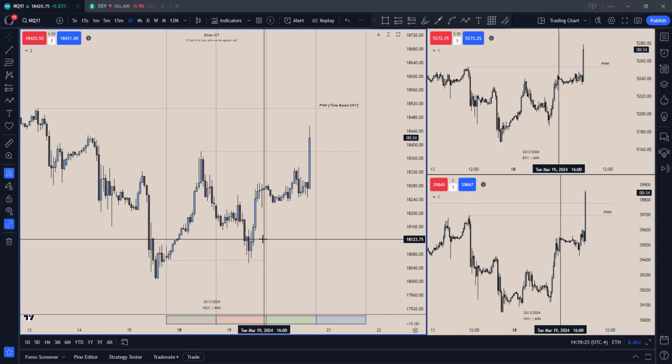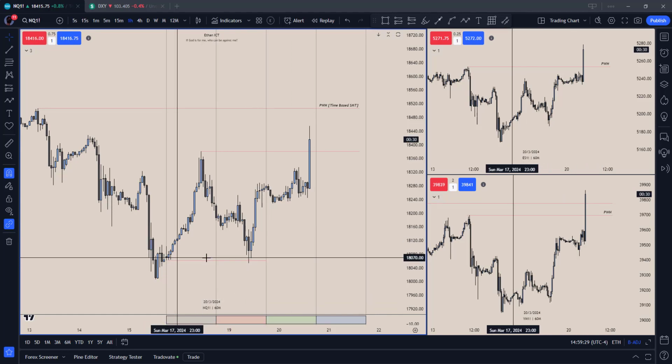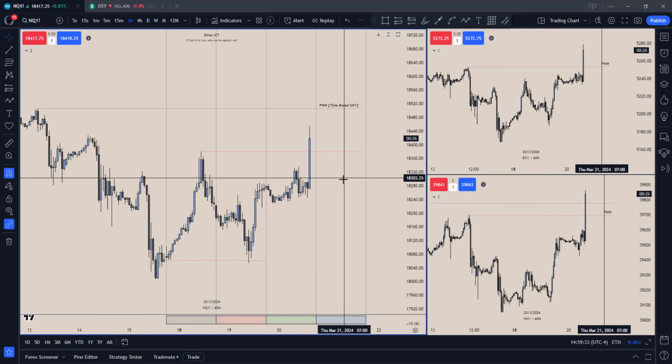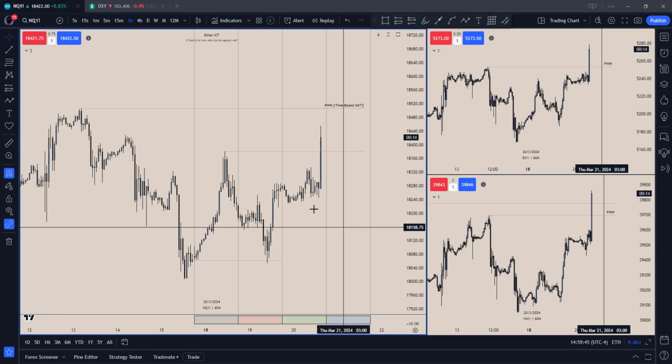Because right now, the only thing I want to say is that because we had SMT occur between these two, I want to say it's more of an AMDX profile rather than an XAMD profile. I don't know.